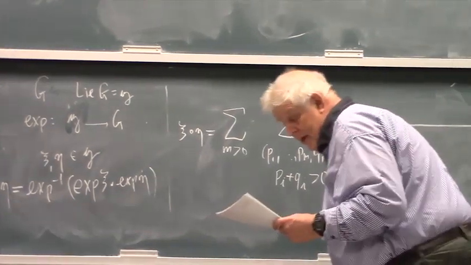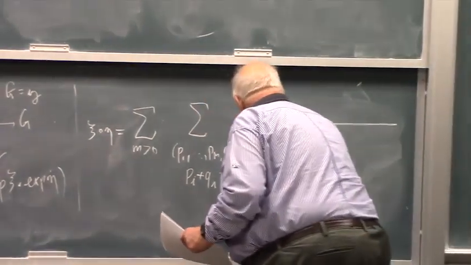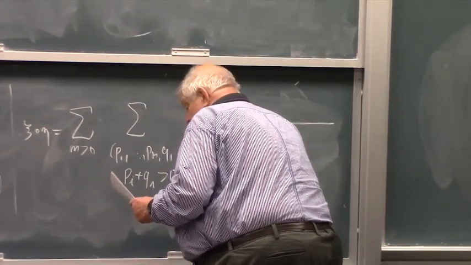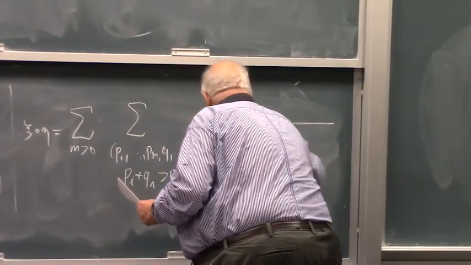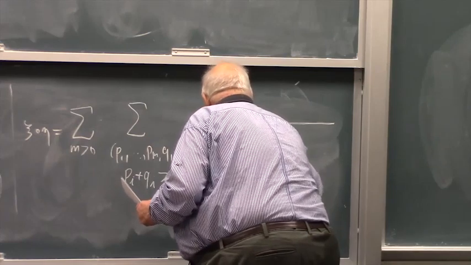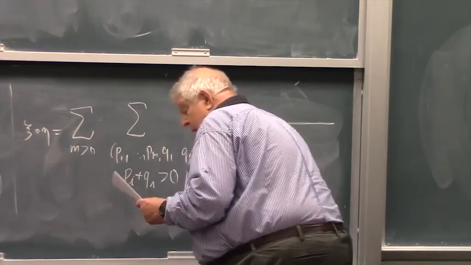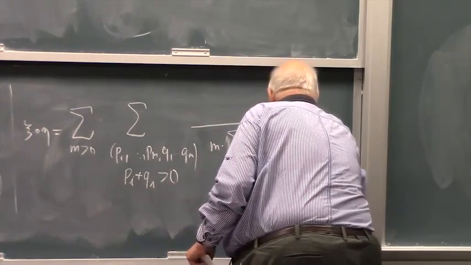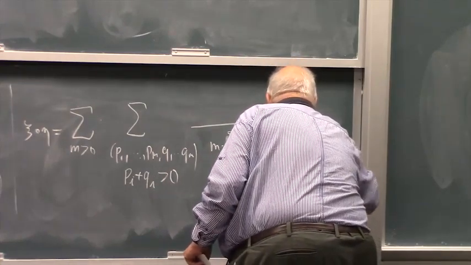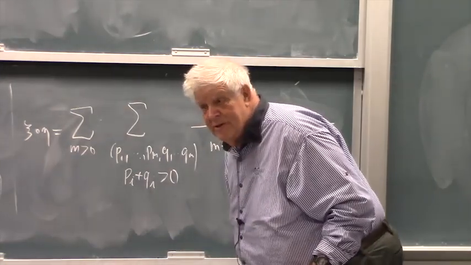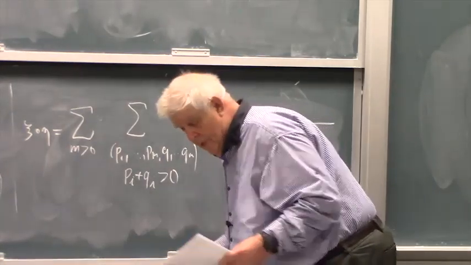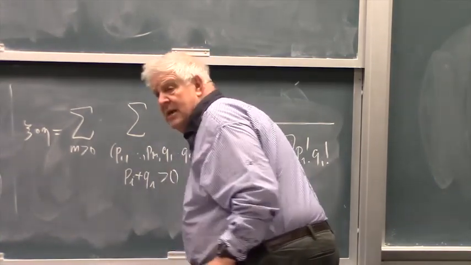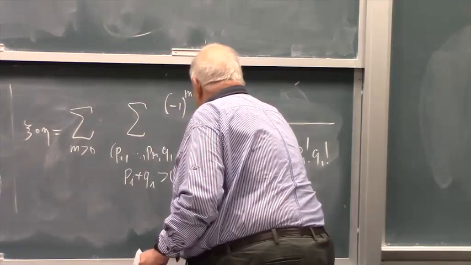Now here, I write a fraction. The denominator is a number, m, times the sum of all pi's and qi's, and times the product of all factorials. Such an integer. So the whole thing will be rational. And here I write plus minus, and then the following commutator.